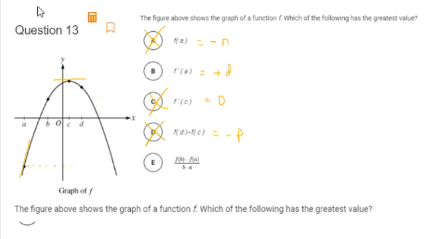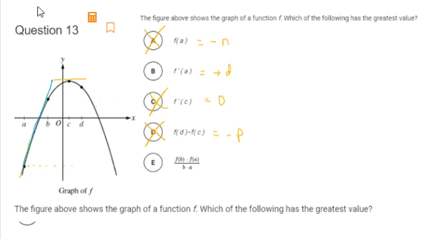So right now we're just seeing that we have a positive number here at a. What about f of b minus f of a divided by b minus a? Well, that is the slope between b and a. So that is that slope right there from b to a.